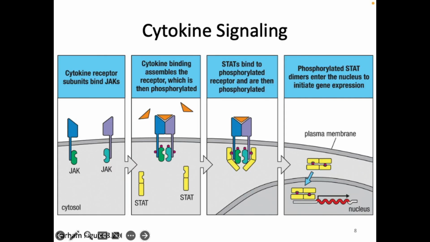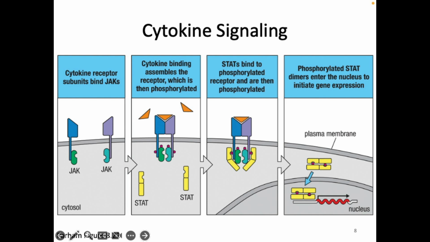In thinking about cytokines, we can also think about the signal transduction pathway that happens with cytokines. So we saw a bunch of kinases and transcription factors last time, and there are some specific kinases and transcription factors that are involved in cytokine signaling.